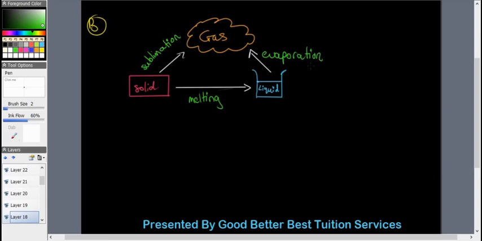A liquid to a gas, we're all very well familiar with this. You don't have to be a geography student to know that when a liquid goes into a gas, it's called evaporation. And that explains the phase changes that happen. So we saw exhibit A, and now exhibit B, where the phase changes in A were an example of a release of energy, whereas B demonstrates the absorption of energy. Don't worry, I will come back to it.